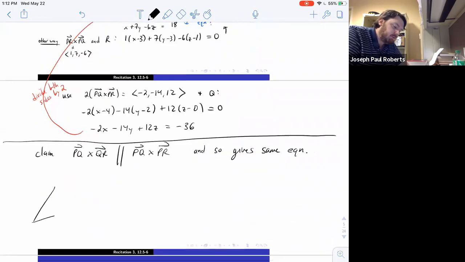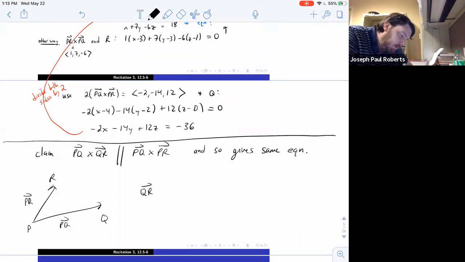Let's just draw our vectors here. So this is P, this is Q, R, PQ, PR. You can think about the way that vector arithmetic works and see that QR is QP plus PR, right?